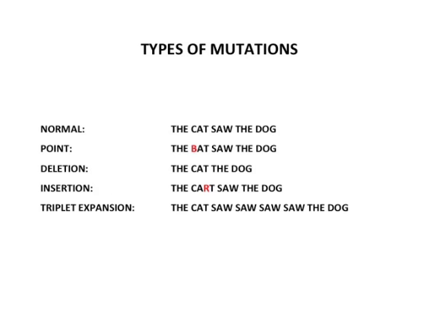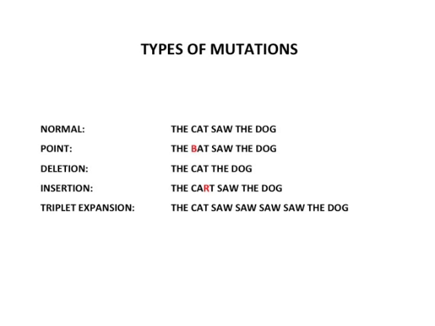If we took out a word and took out the saw, the cat, the dog, is similar to what you'd see in a deletion. An insertion type of mutation, the cart saw the dog, we put in an extra letter. And then there are certain types of genetic variation that are triplet expansions or various types of expansions in genes.